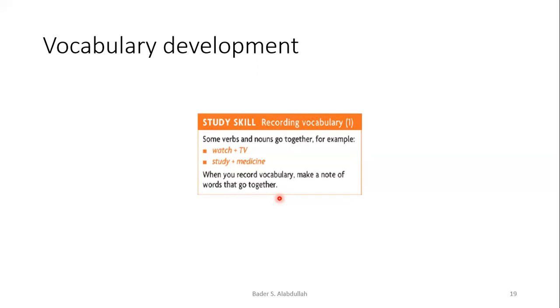And again, when we say record vocabulary, that doesn't mean just voice record, audio record. No, writing them on paper or in your computer, that's also called record vocabulary. Okay, so you have to make notes of those words that go together.